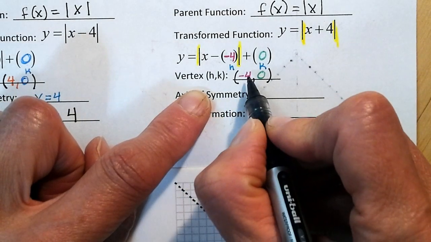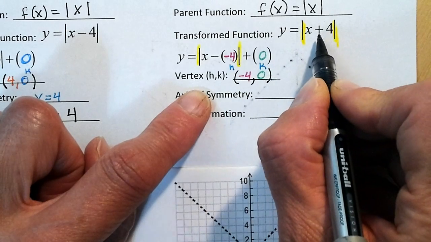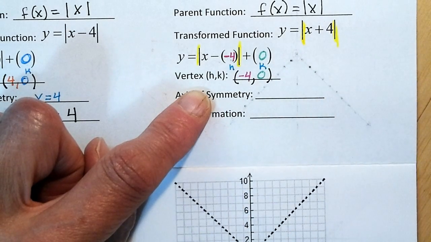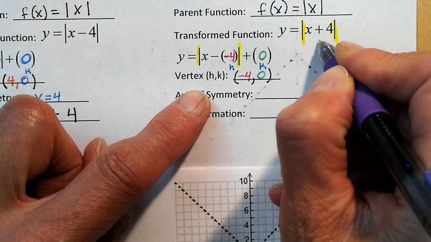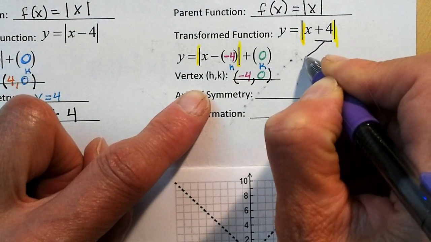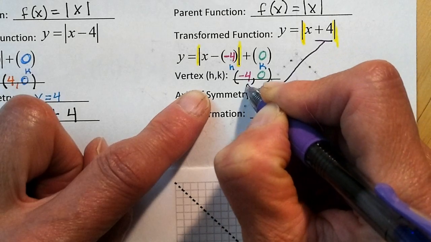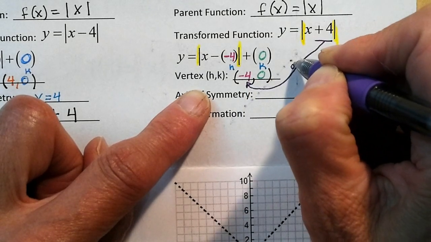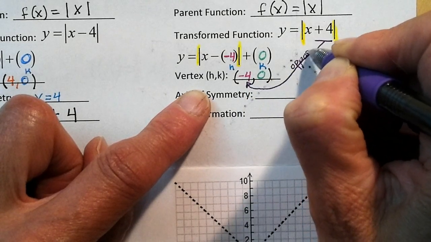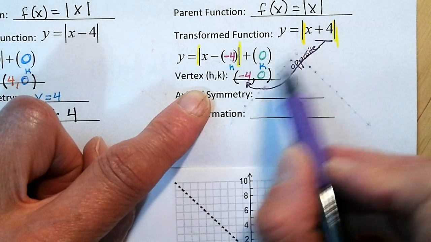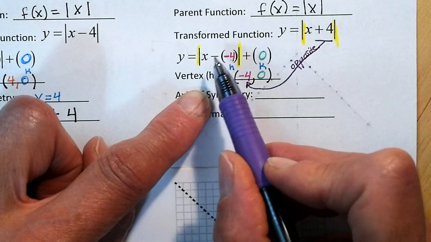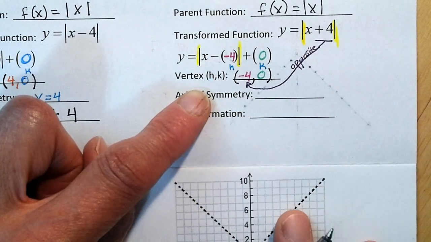So notice that this number here is the opposite of what I saw in my original. So when I look up here, this is the opposite. Whatever I see here, when I put it in for the vertex, I'm going to take the opposite value because of what happened here.